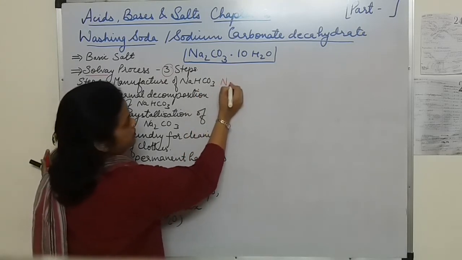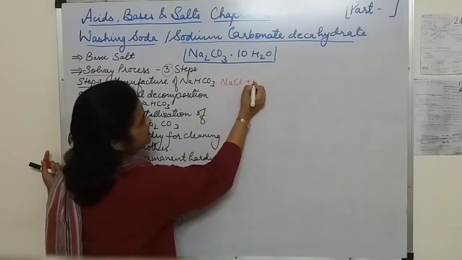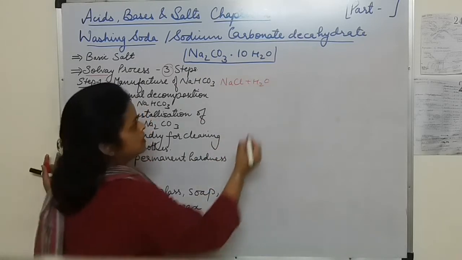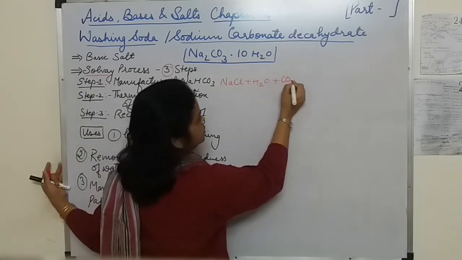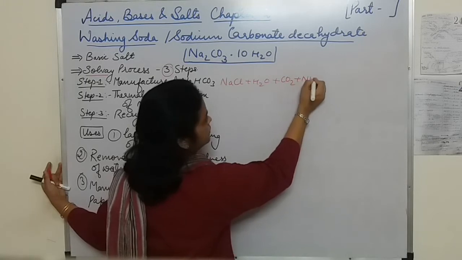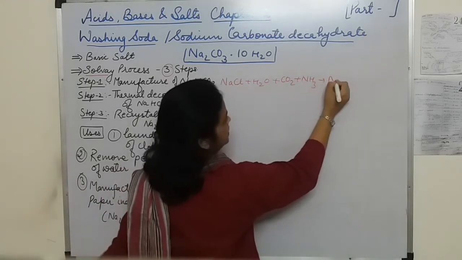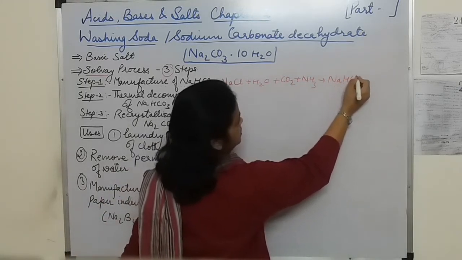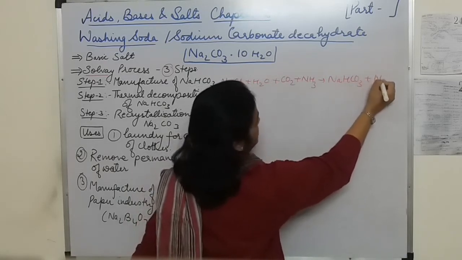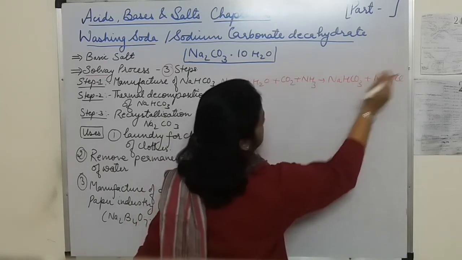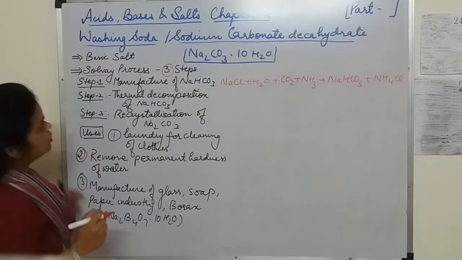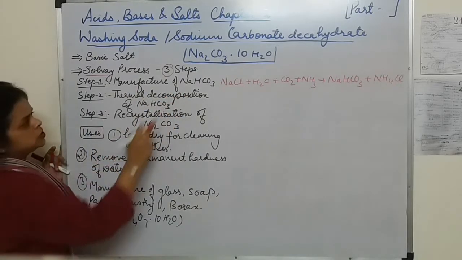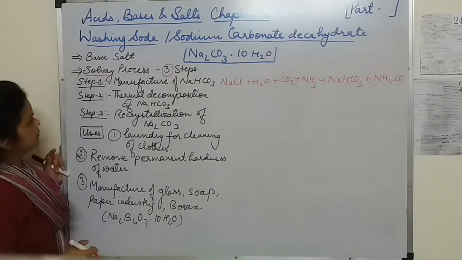We had taken a brine solution, NaCl plus H2O. When it combines with CO2 and ammonia, it forms NaHCO3 plus NH4Cl.